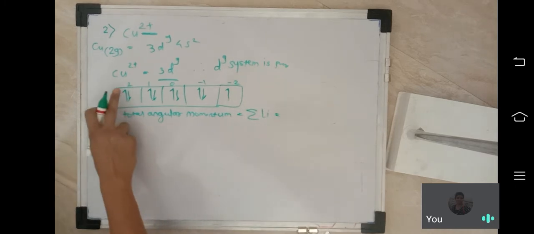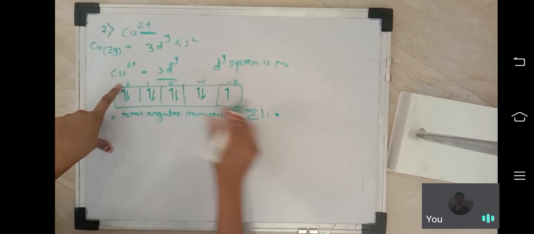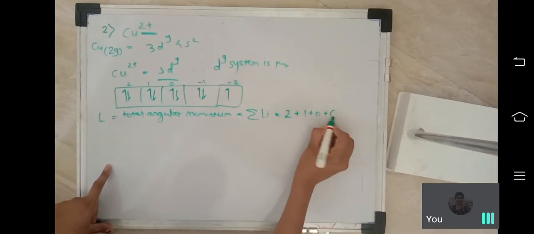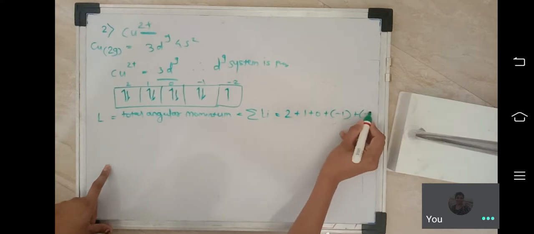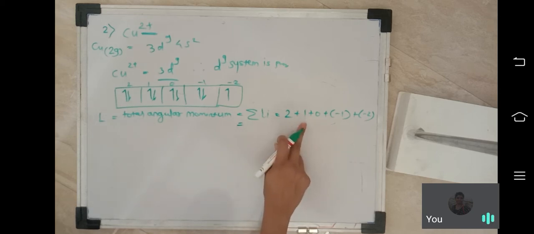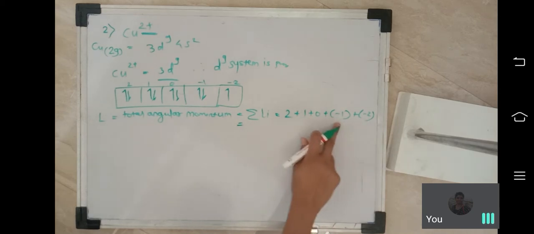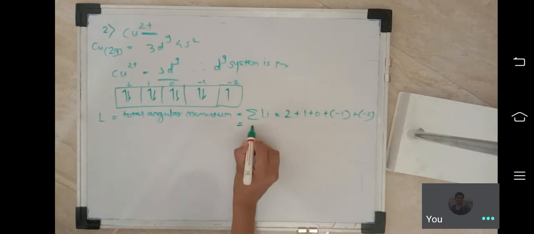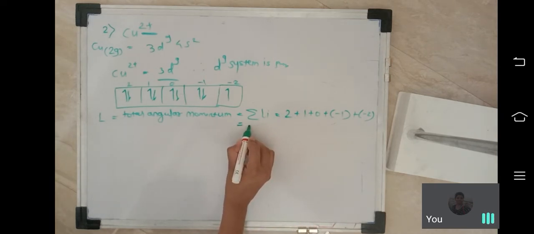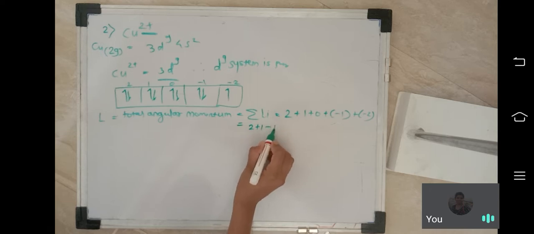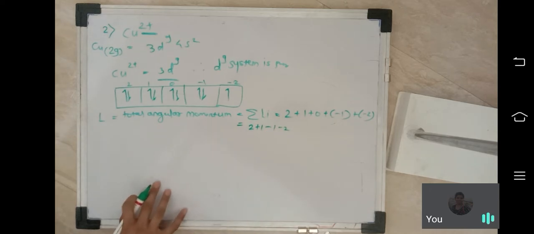You add these numbers: 2 plus 1 plus 0 plus -1 plus -2. Here 2 plus 1 is 3, and then -1 and -2 cancel it. You just find out this value.